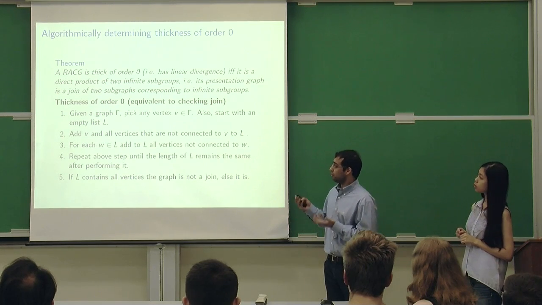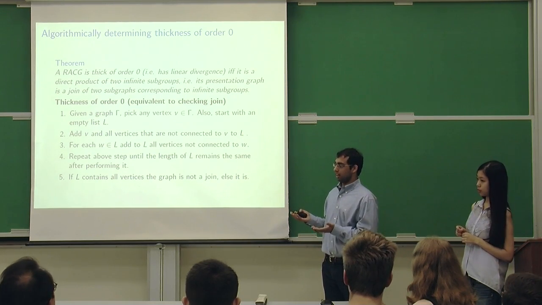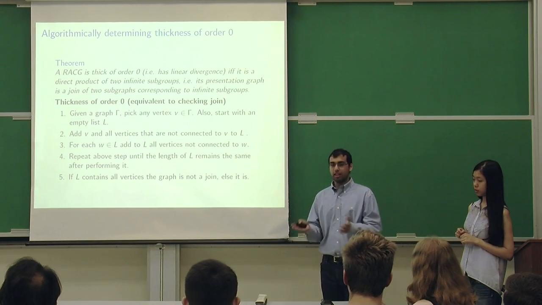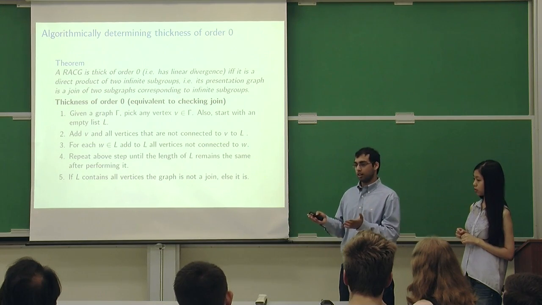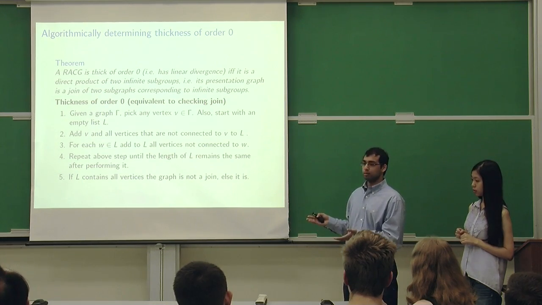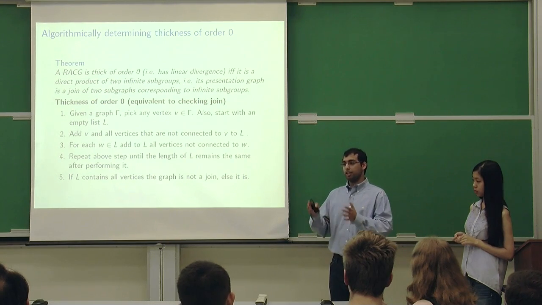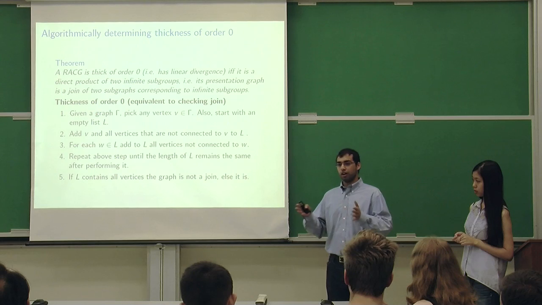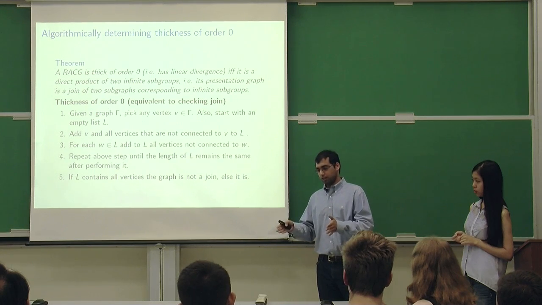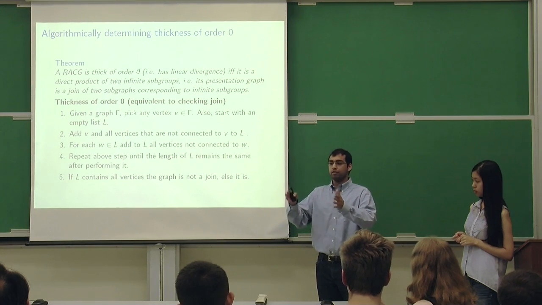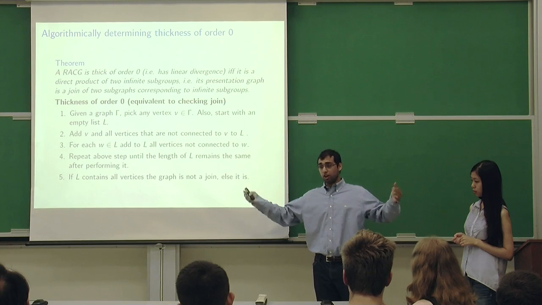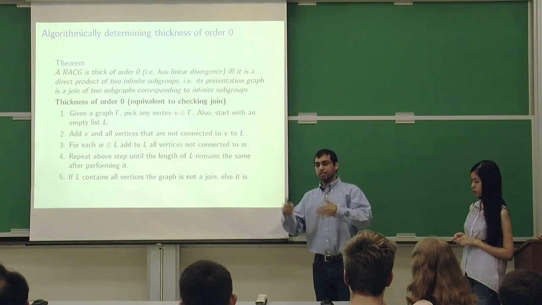This is a very basic algorithm that checks whether a graph is a join, and we implemented this. Effectively, you start with a vertex and keep track of all other vertices that must be in the same join component. If you have a vertex, every other vertex that's not connected to it must be in the same join component.